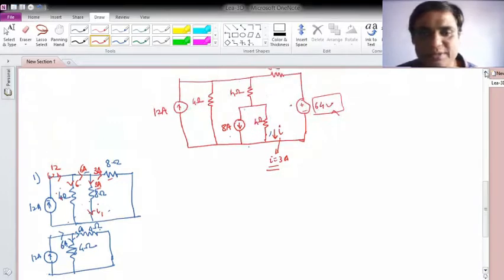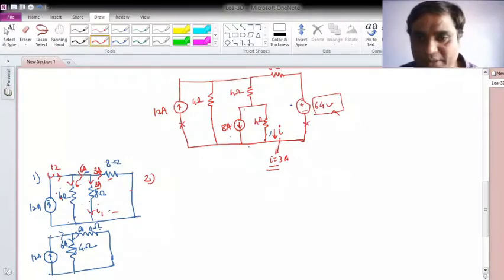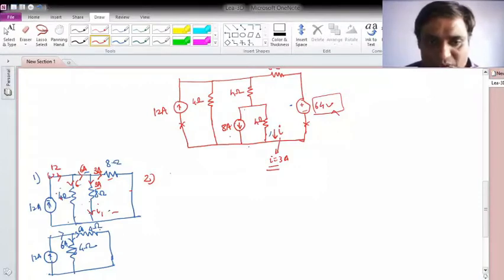Now what next? I will now activate the 8 ampere current source and deactivate the 12 ampere source as well as this voltage source. So in this case, what is the situation now?